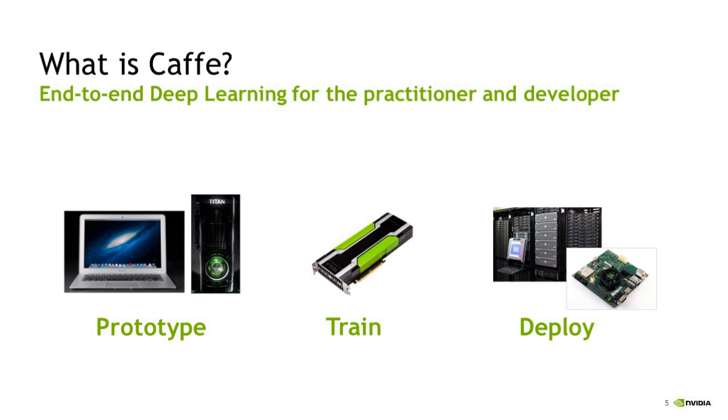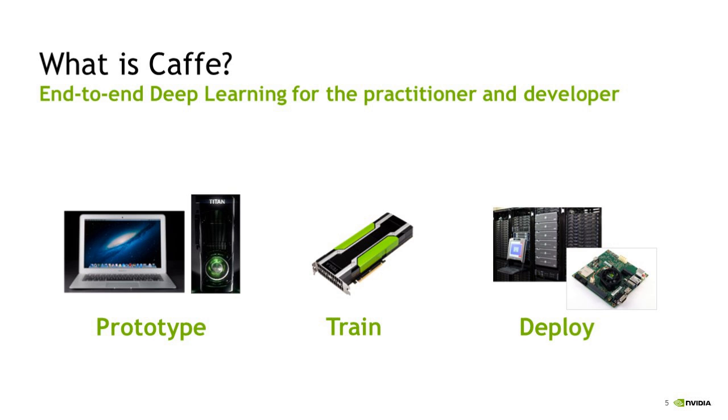And then you can train on a more powerful system at a larger scale, perhaps accelerated with server-grade GPUs. And the same code can transfer between that prototype stage and the training stage.